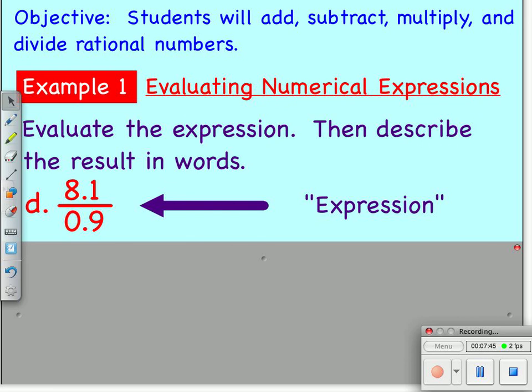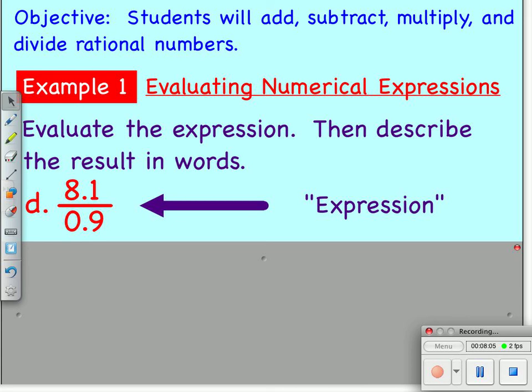Okay, so this is the last one for example 1 that we're going to do. This is letter D, and it is 8 1/10 divided by 0 9/10. This is the expression, and we're going to give the value of this expression.